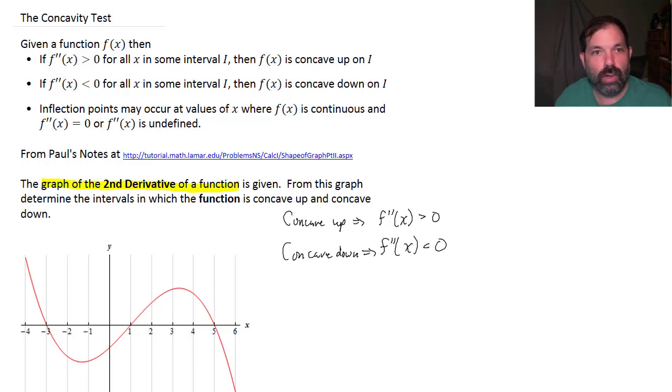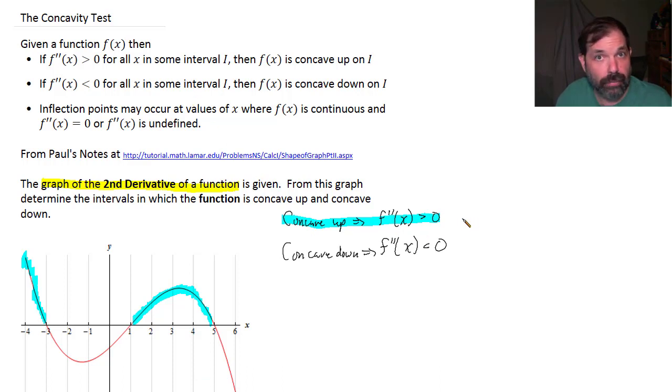All right, so let's see. Where's concave up? The second derivative is positive. Now remember, this is the graph of the second derivative. So all we need to do is find where this graph is positive. This graph is positive over that piece and the second piece. Sorry, not the graph concave up.